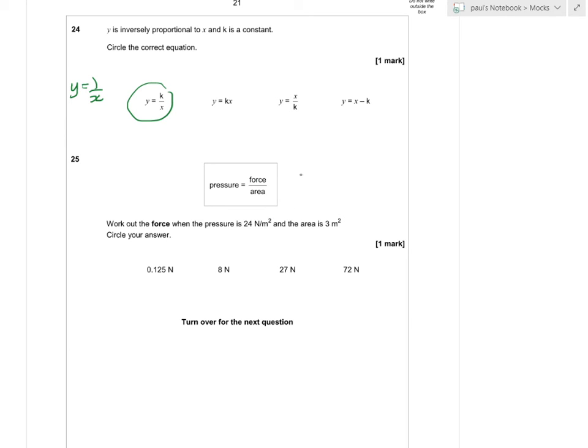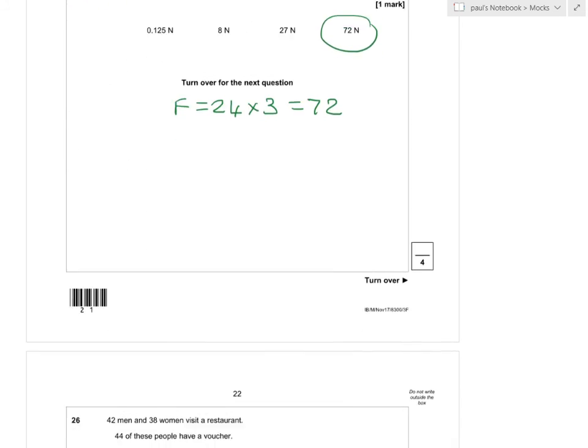The force will equal the pressure times the area. So the force will equal 24, which is the pressure, times the area, which is 3, which is 72. So 72 newtons.